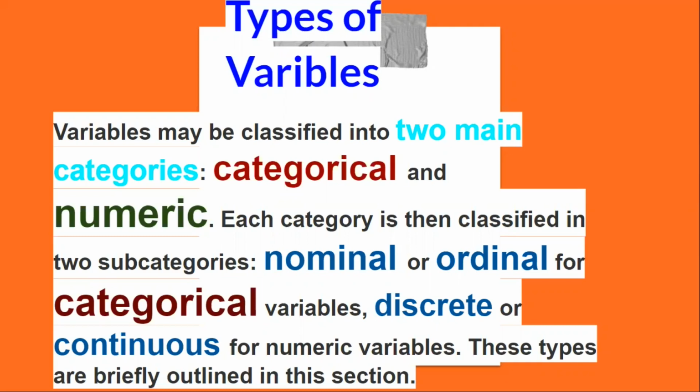For categorical variables, we have two subcategories, nominal and ordinal. For numeric variables, we have discrete and continuous variables. These types are briefly outlined in the sections that follow.